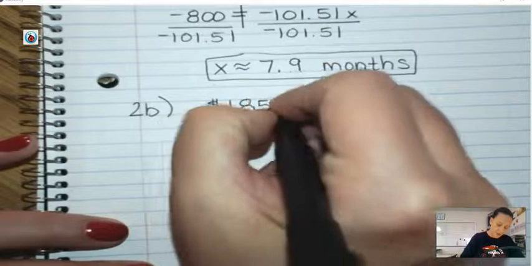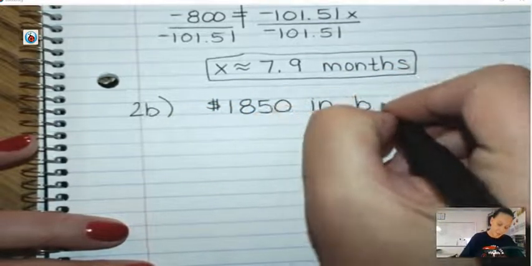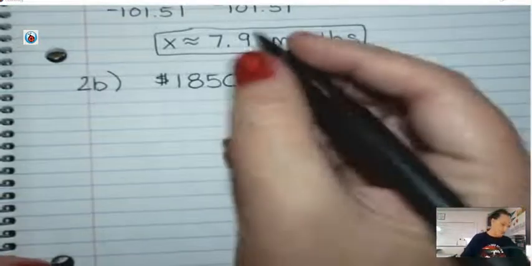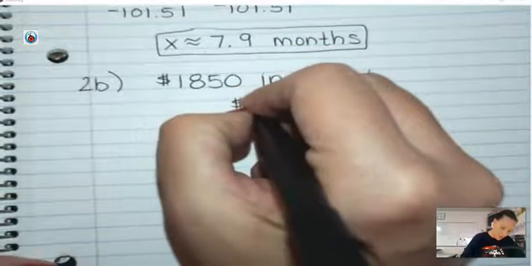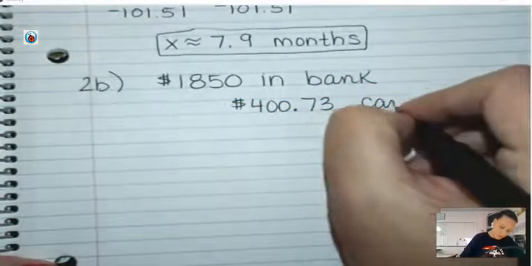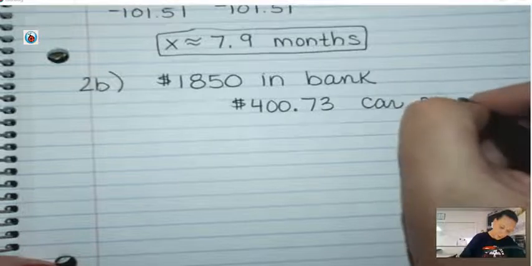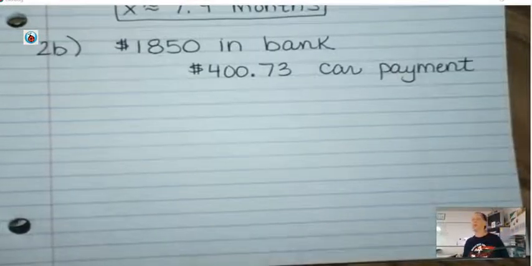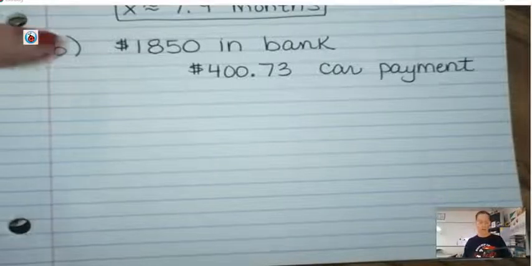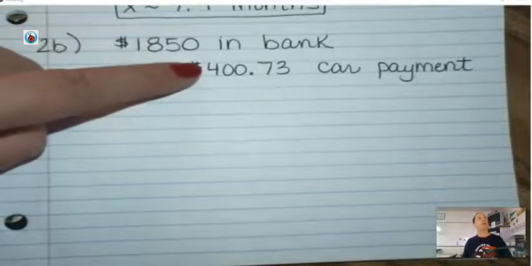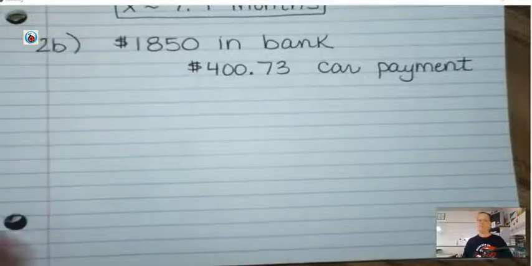Okay, so he started with $1,850 in the bank. He's using it to make car payments, which are $400.73. I want to know when the bank account will be 0. So he's not adding anything else to the bank account, so he leaves it at that $1,850. But every month, this car payment is coming out.